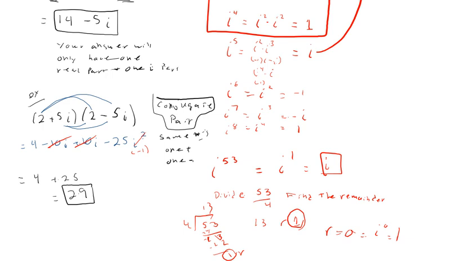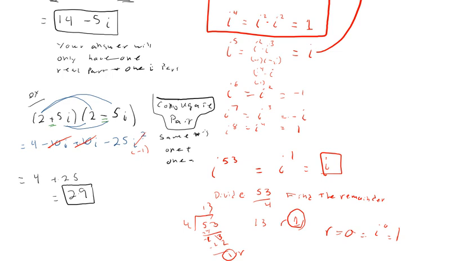A conjugate pair is any situation where you have these two multiplications where one has a plus sign and one has a minus sign. They're both a 2 and a 5. One is 2 plus 5, one is 2 minus 5. And that's a conjugate pair.